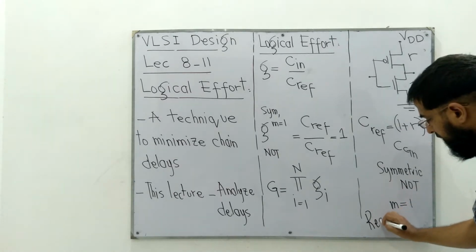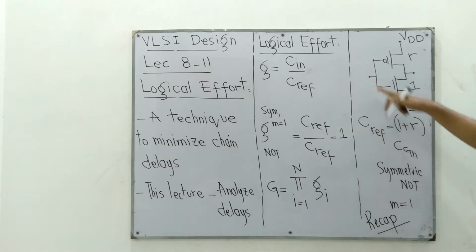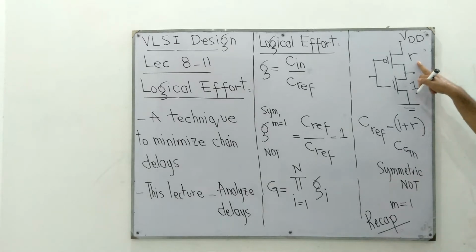In our previous lectures you can find that the input capacitance of a symmetric node with scaling factor 1 is this: C reference is equal to (1 plus R) times the gate capacitance of the NMOS FET, where R is the mobility ratio, mu n over mu p, whereas the gate capacitance for the PMOS FET is R times larger than that.